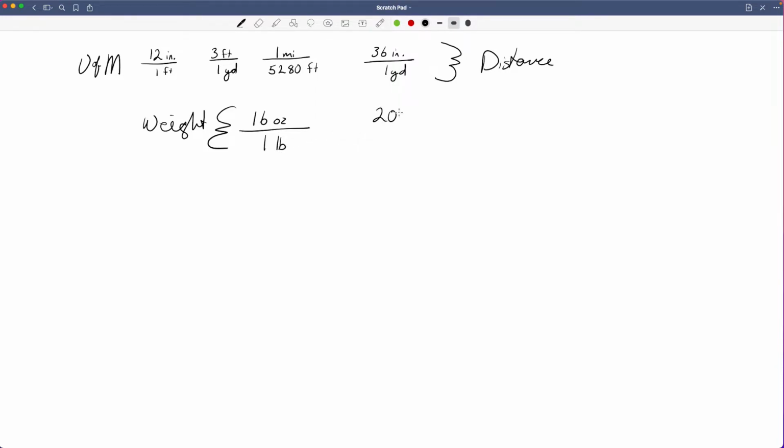And 2,000 pounds is 1 ton. So that is our weight that we use in the U.S. system of measurement. So be sure to write those down on the back cover of your notebook. If you do not, you're going to constantly be looking them up and asking for them.